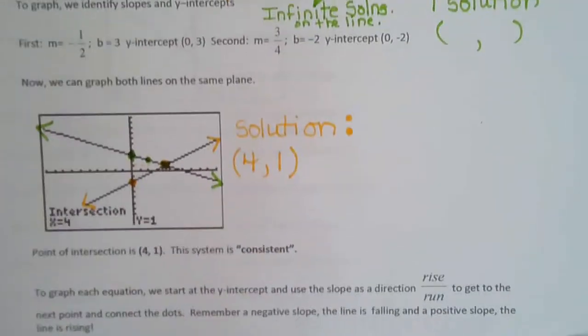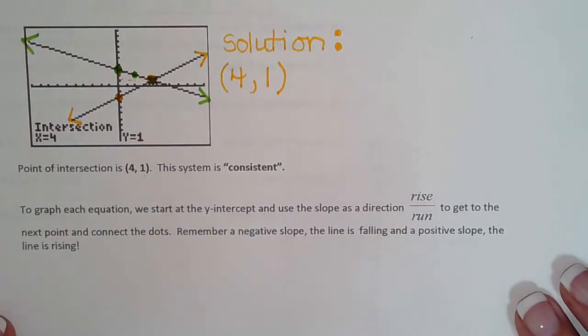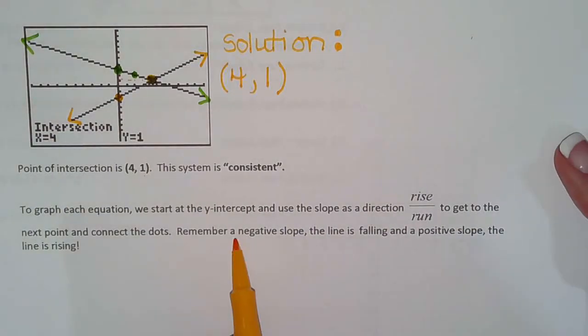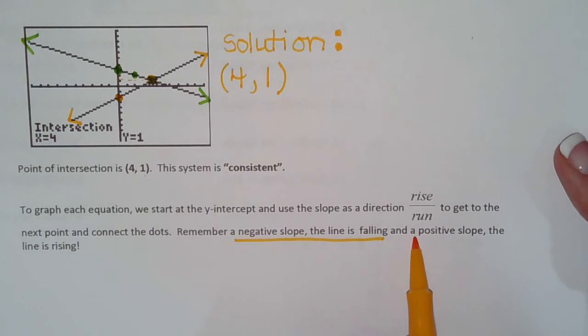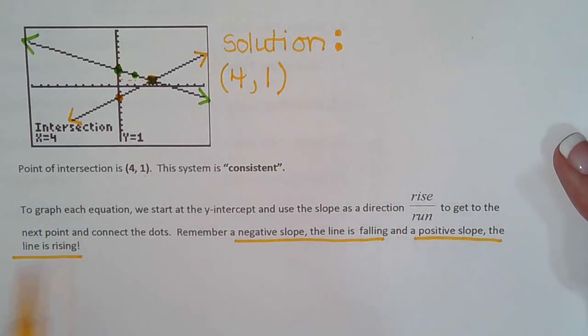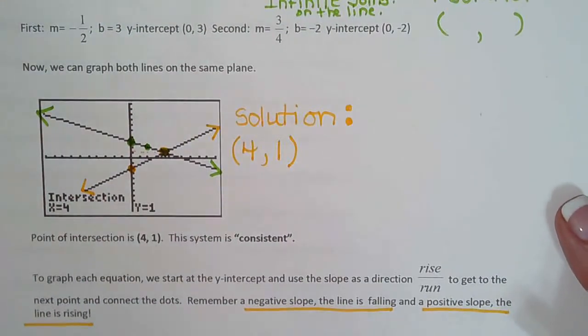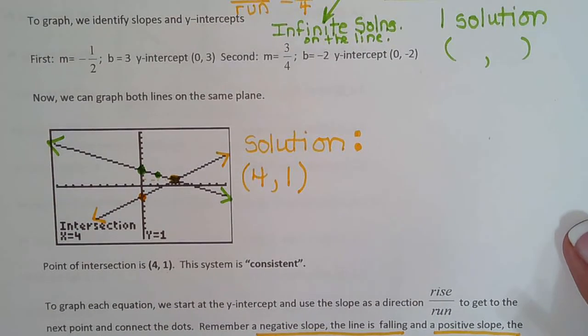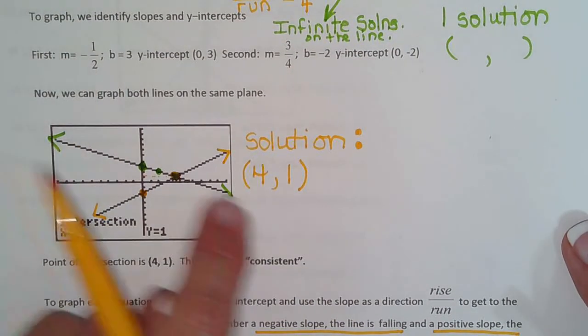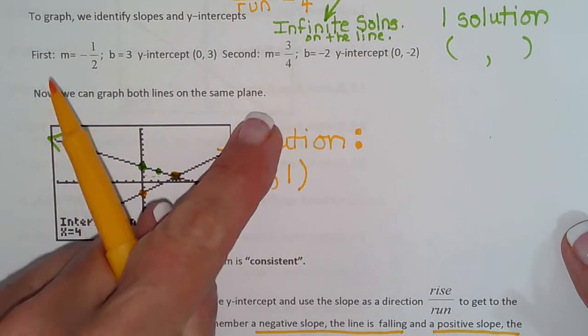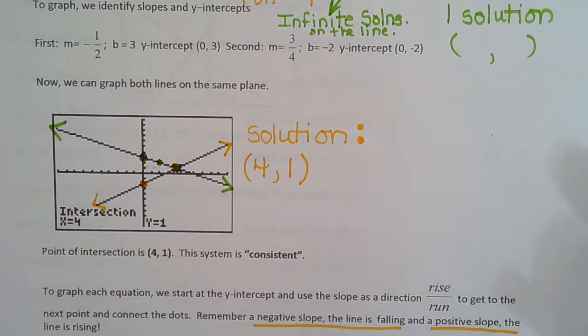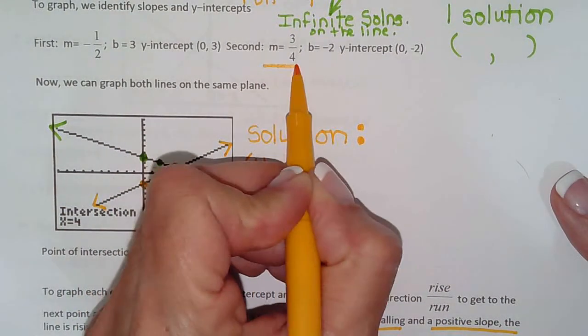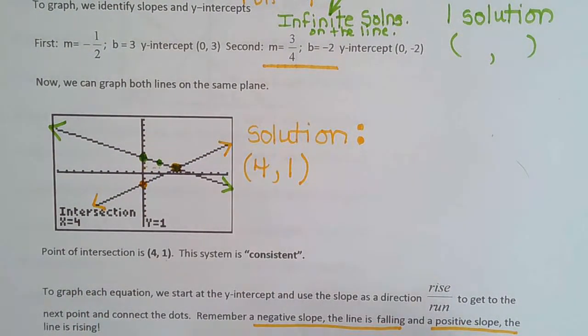So just a little reminder there. Negative slope means the line is falling. Positive slope, the line is rising. So both of those match our expectations. We could underline these with colors just so we know which one's which.